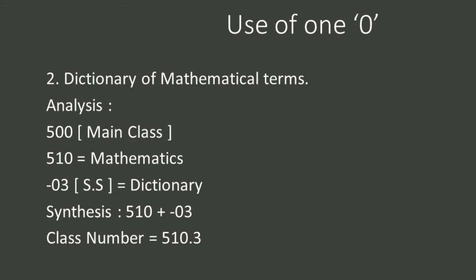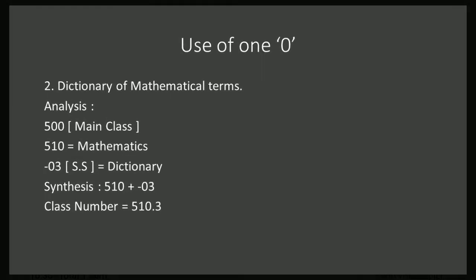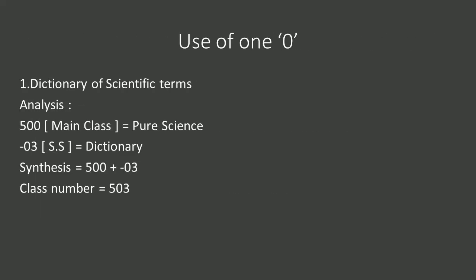Okay. So in this case this notation ends with a single 0, that is why I have removed the 1 zero only. In the previous case this notation ends with 2 zeros, that is why I have removed 2 zeros from here.